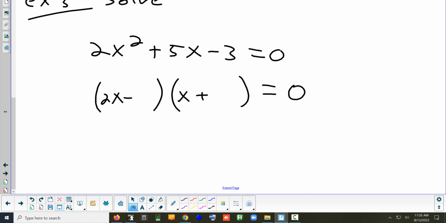And 3 is prime. So what would be 2 numbers that multiply to give me 3? Let's check it. 2x squared plus 6x minus x is a plus 5x. So this is factored correctly. So what would we plug in to the first factor when you set that equal to 0?